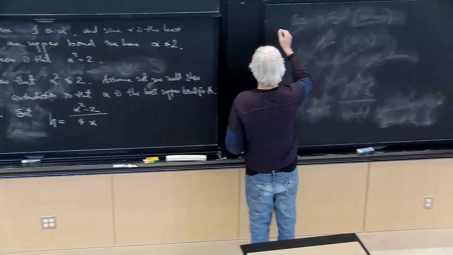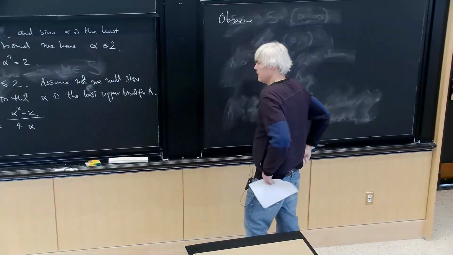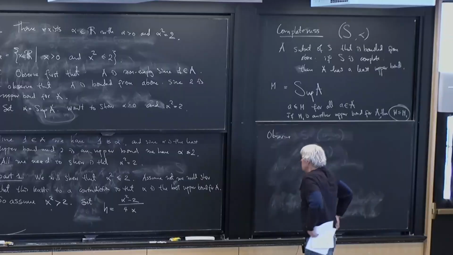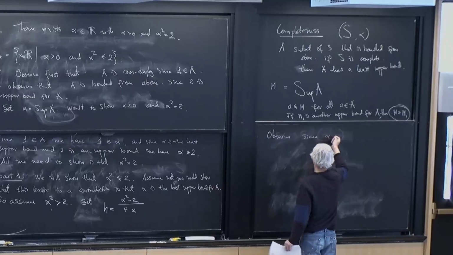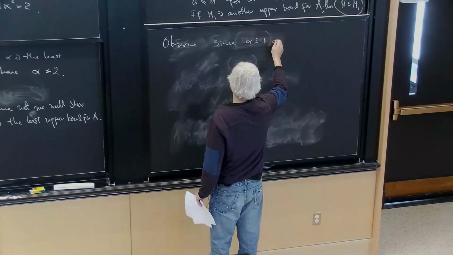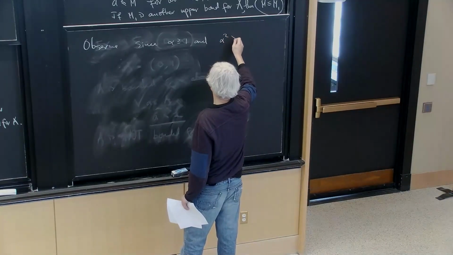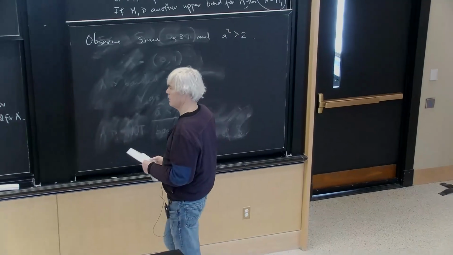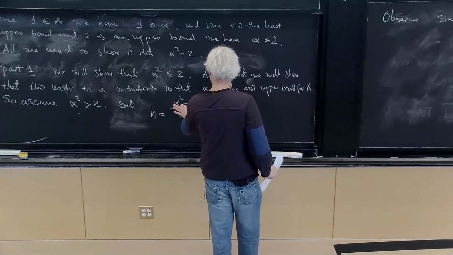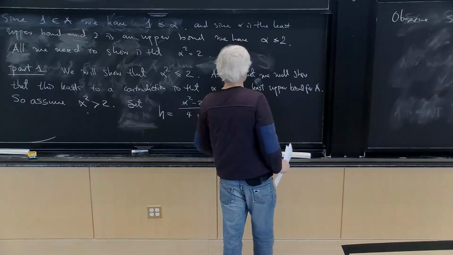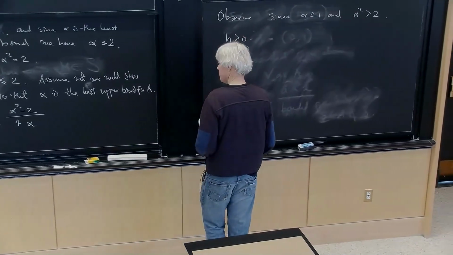And then you observe that since alpha here is bigger than 1 and alpha squared is bigger than 2, the numerator is positive and the denominator is positive. So h here is positive.